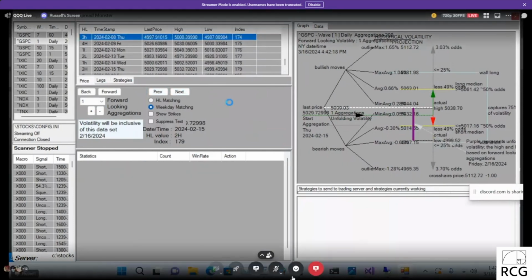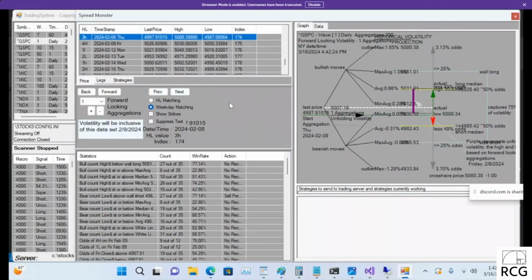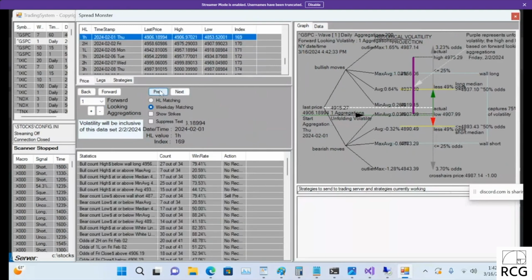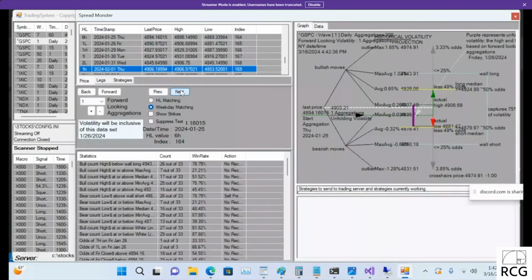So it lets us look quickly into: are we staying between our yellow band here? Are we able to exceed it?